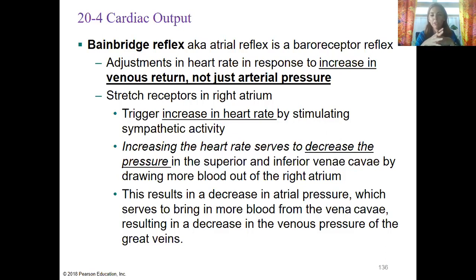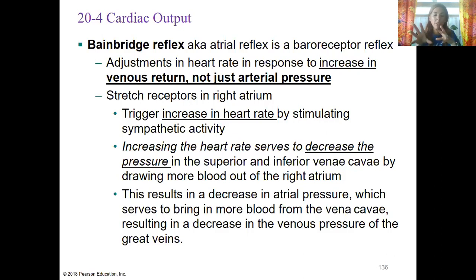And what this is going to do, by stimulating that heart rate, it's going to work on decreasing the pressure within those veins, the superior and inferior vena cava, in order to help draw more blood out of the right atrium. So then that will drop the pressure within the right atrium, and that is going to help relieve some of the pressure within the veins.